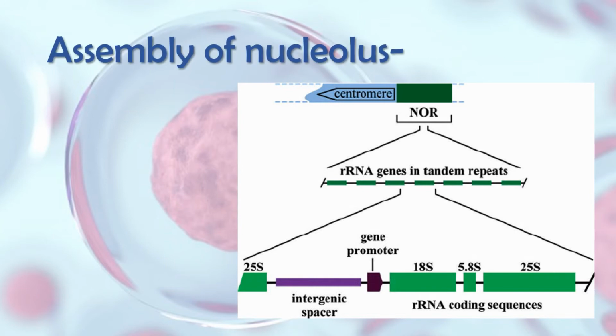So let me tell you some more about this NOR, the nucleolar organizer region. Suppose we have this chromosome. This is our centromere.